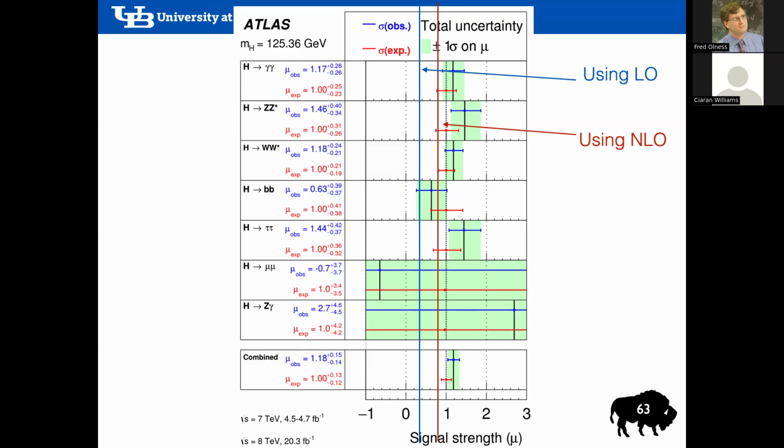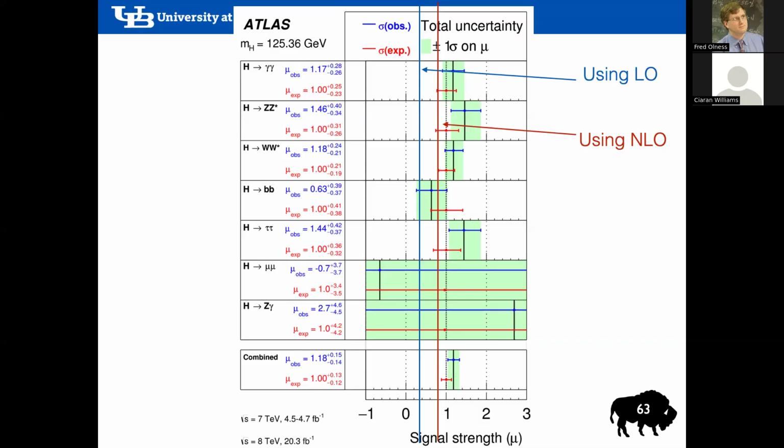And you see that, apart from ones that weren't very well measured or constrained at the time, none of it agrees. So if you only had leading order, you would immediately have inferred that there was some fourth generation or some BSM, because the Higgs was going to have to be twice as much. You have to have a huge amount of cross-section you have to explain. Now when you include next to leading order, you would get to this red line here, which is better, but obviously not fantastic.